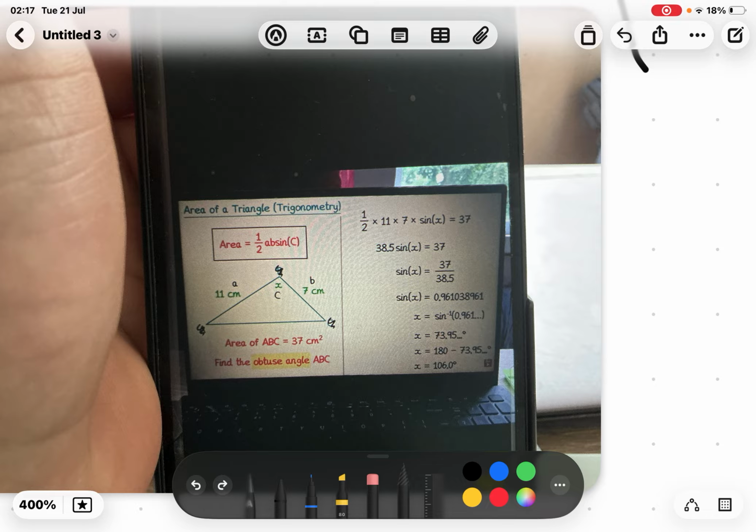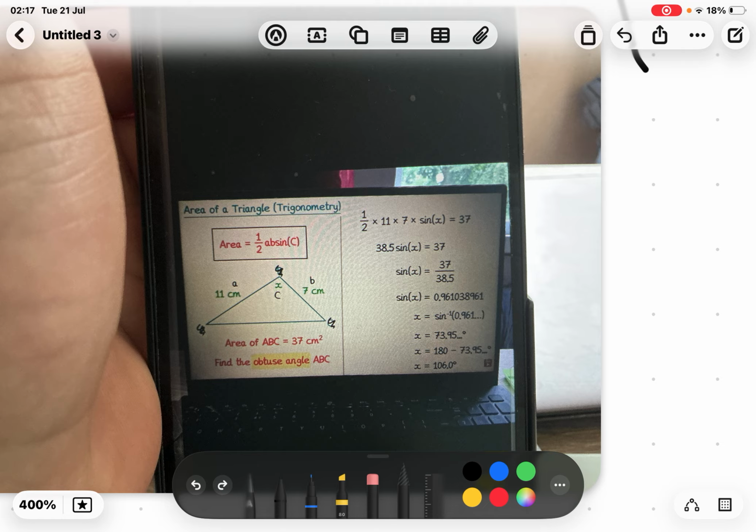So what is an obtuse angle? An obtuse angle is any angle that's more than 90 degrees, but less than 180. Like, imagine opening a book halfway, that wider angle between the covers.